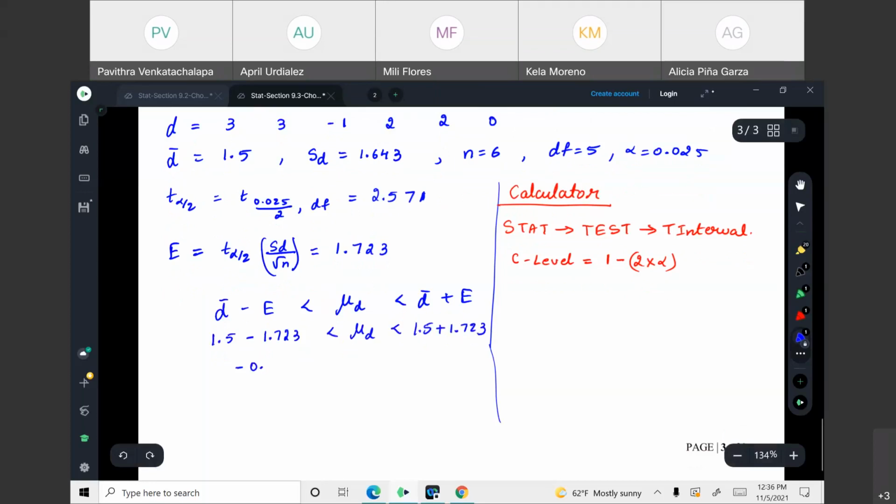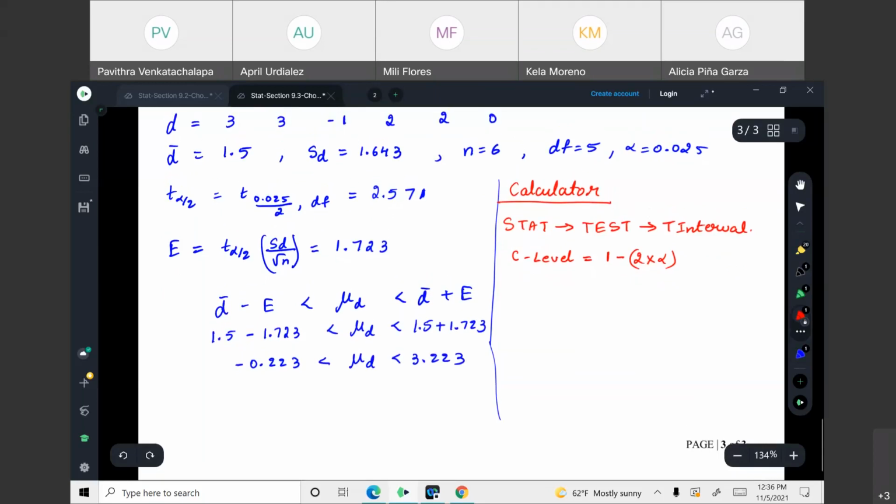When you do this, you get 0.223 less than mu difference less than 3.223. Now, all you have to observe is the sign: this is minus, this is plus, you have a different sign. When you have a different sign, your initial conclusion will be fail to reject H naught.